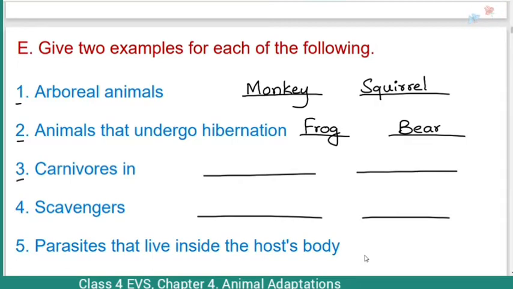Carnivorous. So carnivores are tiger, lion. Fourth, scavengers. Scavengers are jackal, hyena.